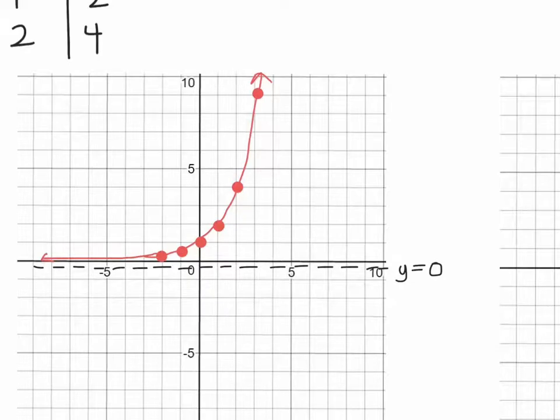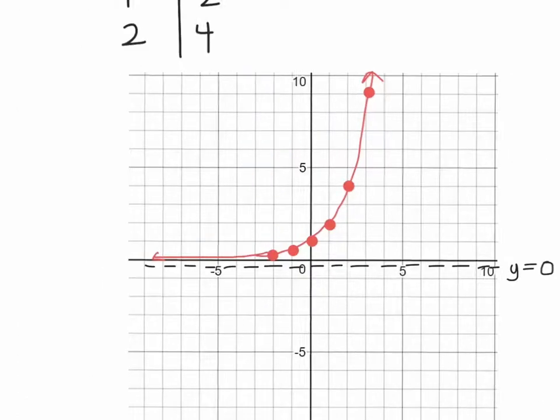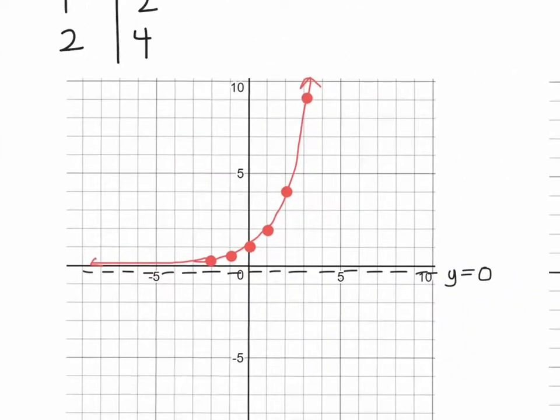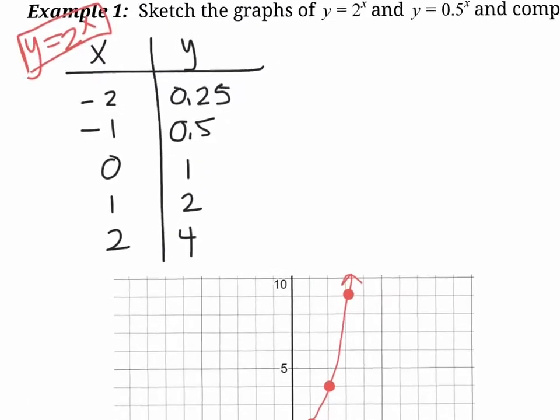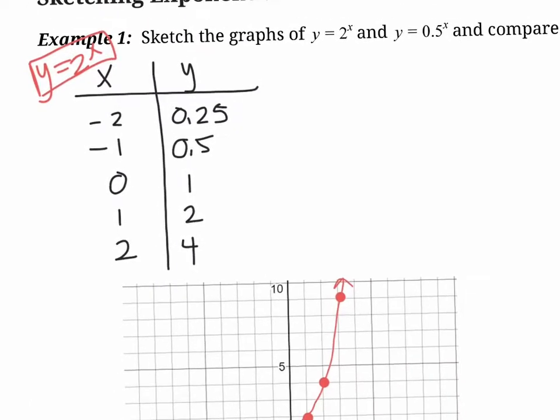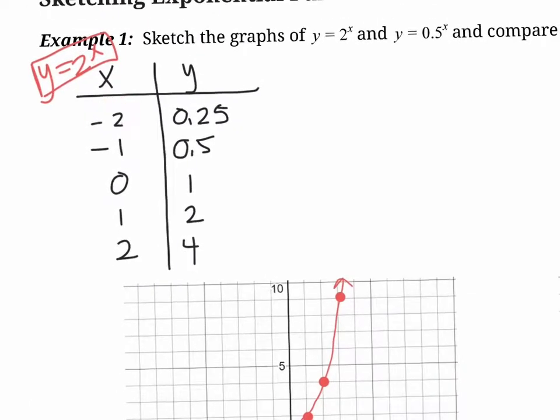Now we can better understand why there is an asymptote right here. Y can never be less than 0, because look at these numbers here. I can plug in anything for x. I can plug in negative numbers. I can plug in 0. I can plug in positive numbers. Is there any number I could plug into x that would give me a negative y?